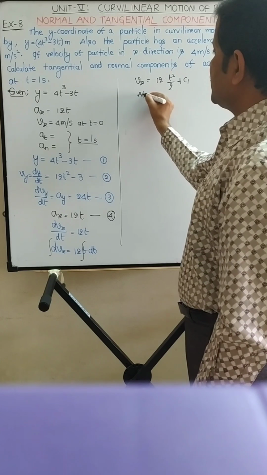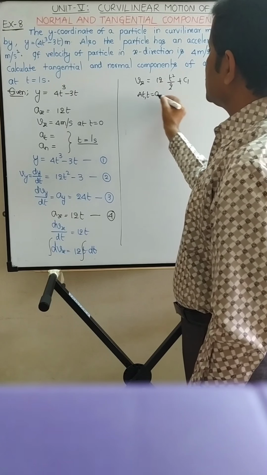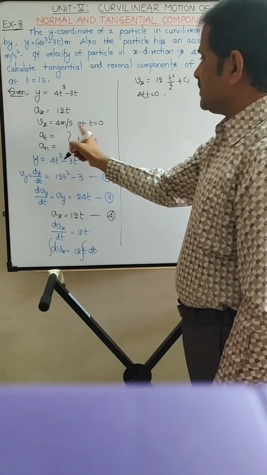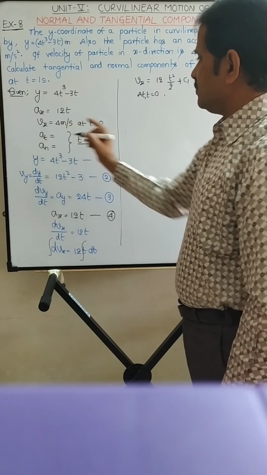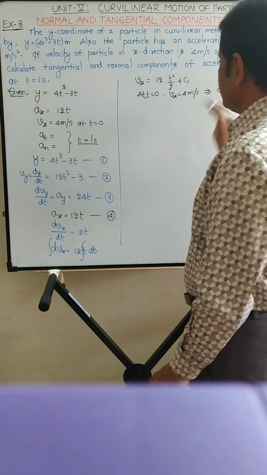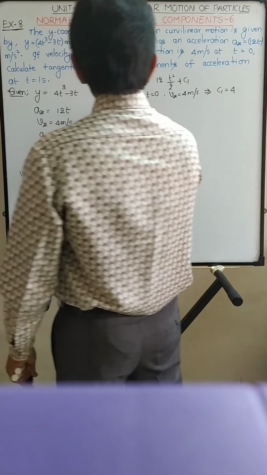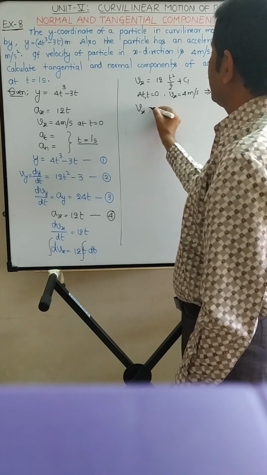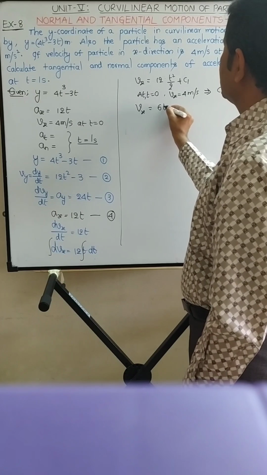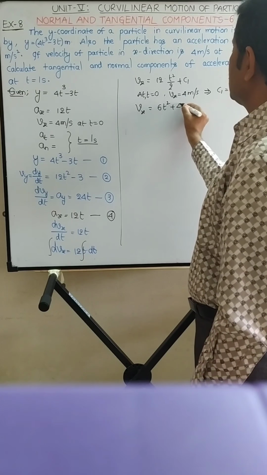What is the initial condition? At t is equal to 0, vx is given as 4 meters per second. So putting t is equal to 0, vx 4, we get c1, the constant of integration, is 4. Therefore, the expression for vx is equal to 6t square plus 4. Say this is equation 5.